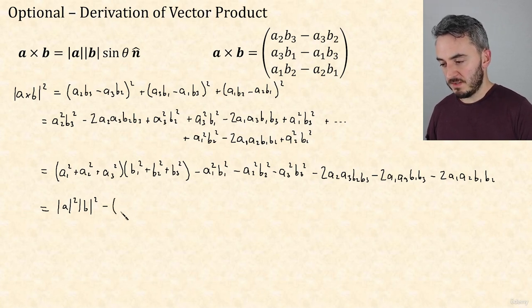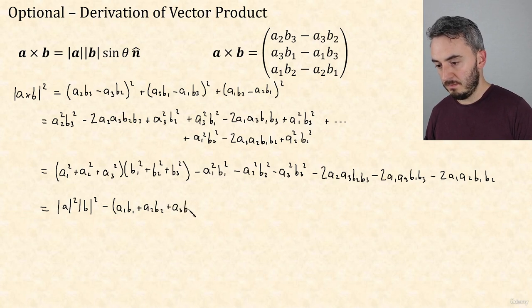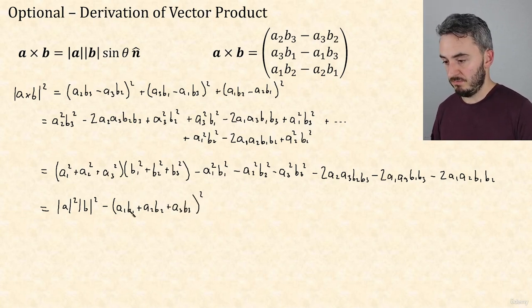This factorizes as A1 B1 plus A2 B2 plus A3 B3 all squared, because A1 B1 squared, do we have that? Yes, we do. That's here.